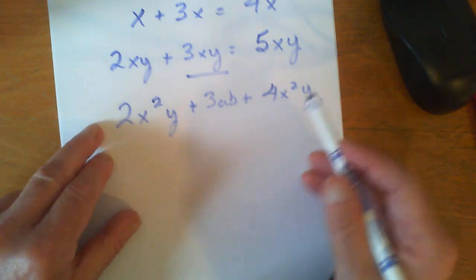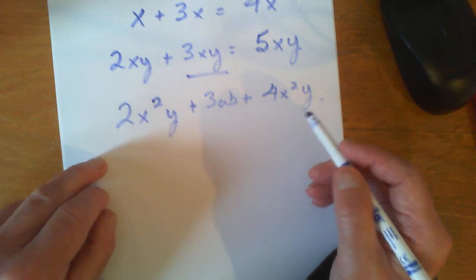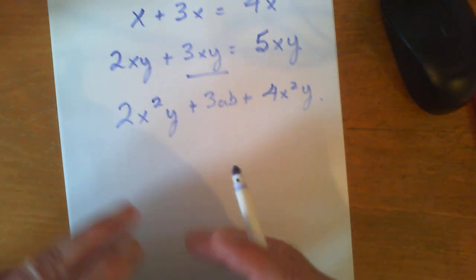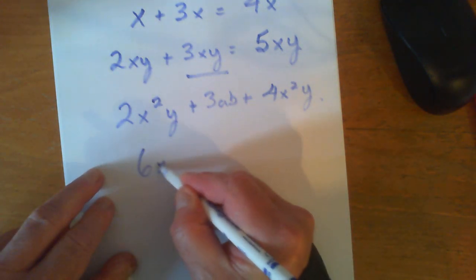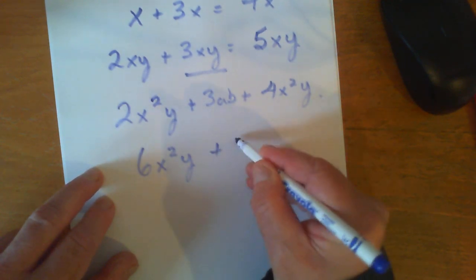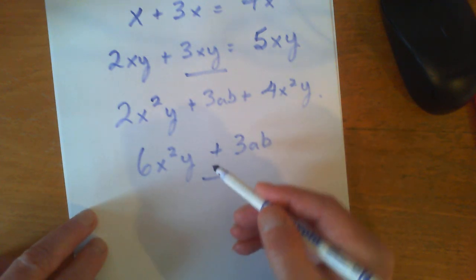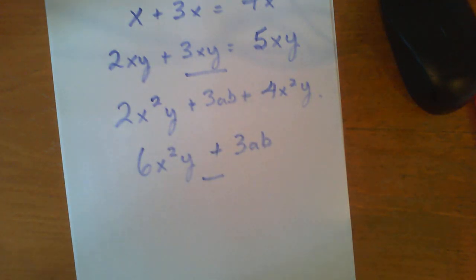Those are the same objects, and you've got 2 of them here and 4 of them here, so that will sum to 6 of them. So I've got 6 of that particular object called x squared y, but that 3ab stays as it is. So that is a simplification of that expression on the previous line.